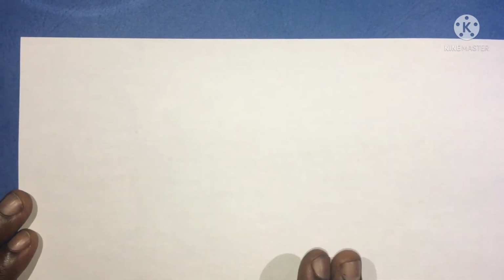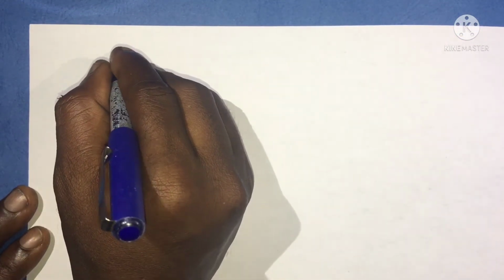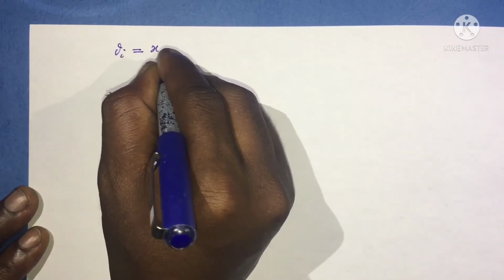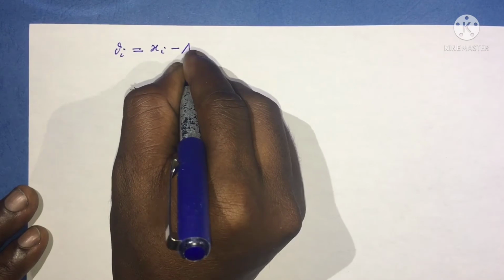So how do we develop a formula for calculating the arithmetic mean if we are given what is called an assumed mean? It starts, please follow me, with taking my di's. So di is equal to xi minus a.